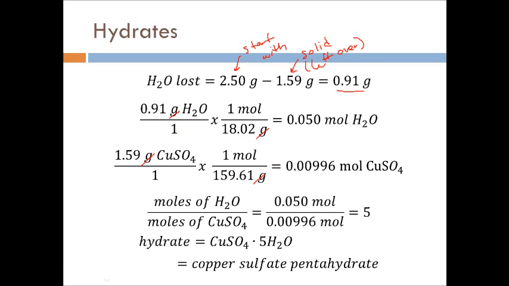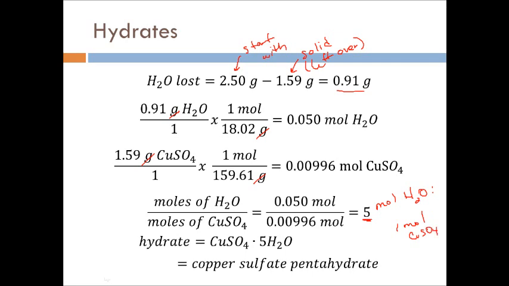Now, as I mentioned before, we're going to take our moles of water, which is 0.05, and divide by 0.00996, and we're going to get 5. All right, what this means is that there's 5 moles of water to every 1 mole of CuSO4.